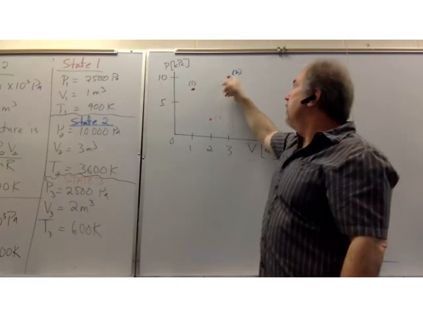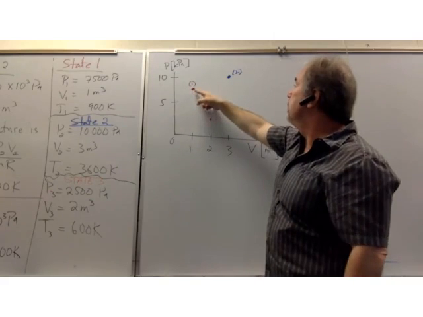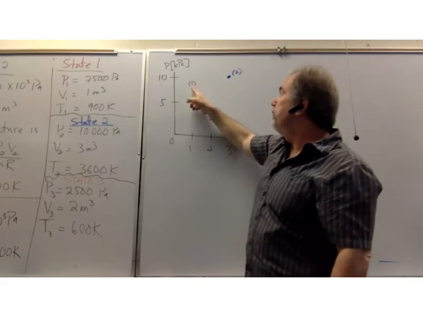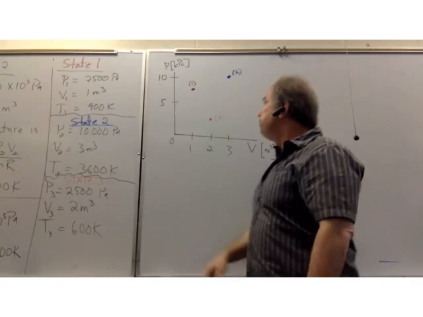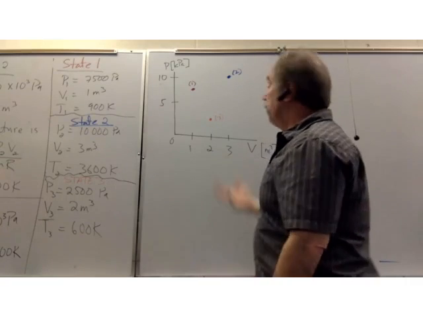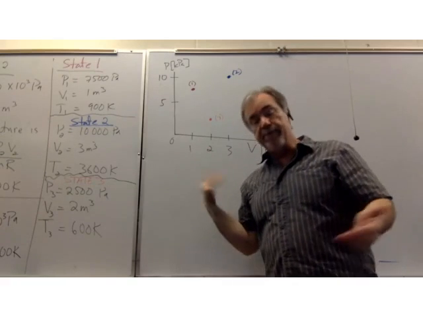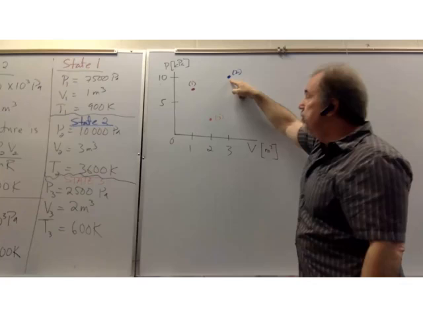In which case, my path, instead of being a straight line between the purple dot and the blue dot, would be first a vertical line and then a horizontal line. Either one of those would get me from my initial state to my final state, from state 1 to state 2. Similar considerations going from state 2 to state 3.